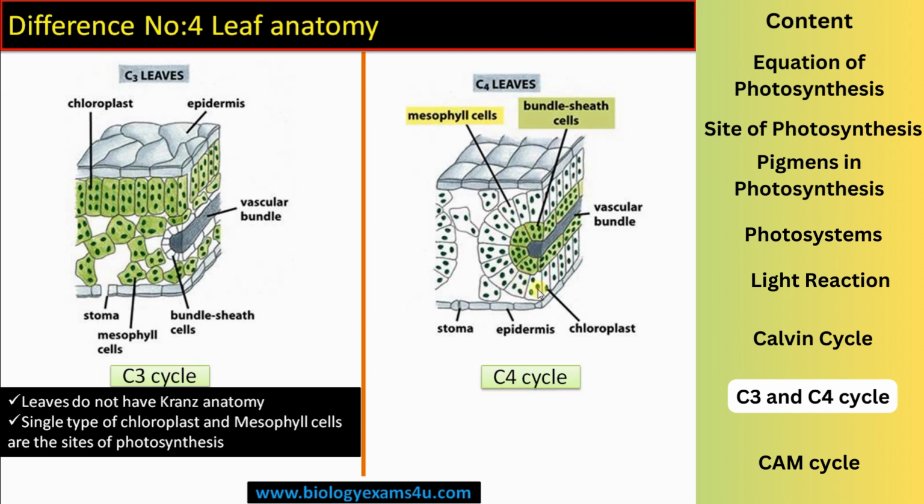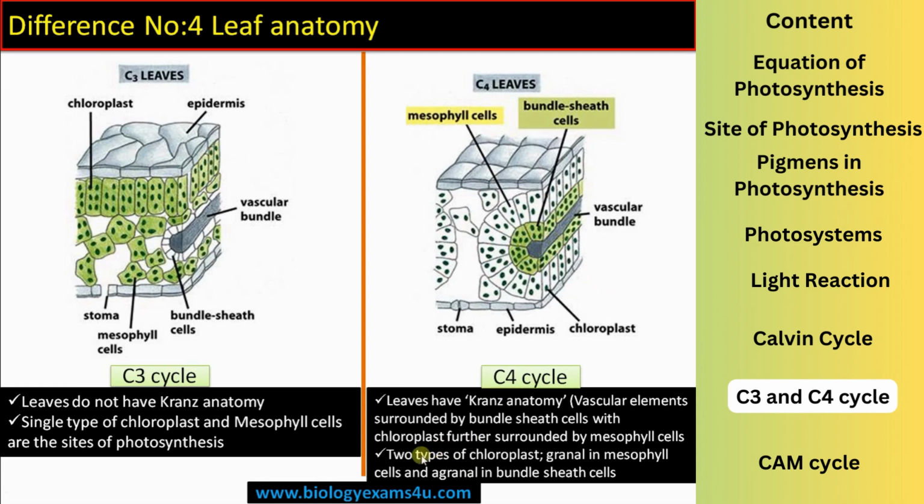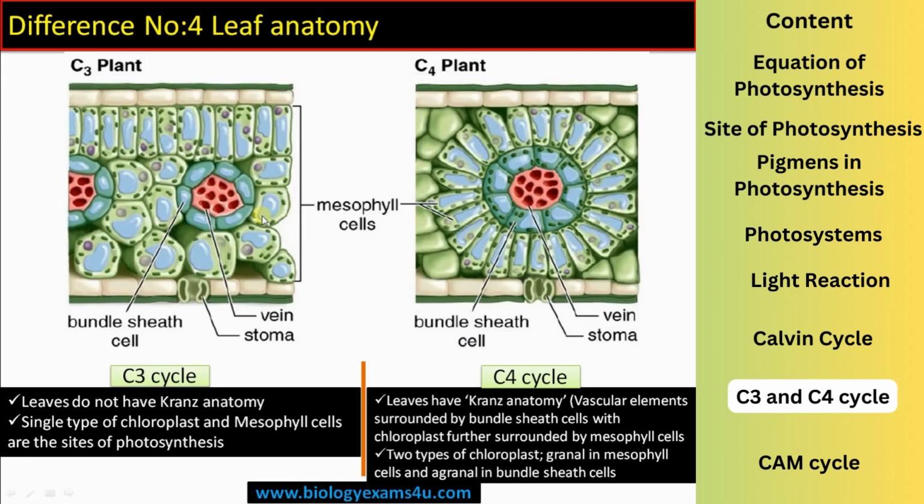Therefore, this site is rich in grana, having well developed grana, whereas bundle sheath cells are the site of the Calvin cycle or light independent reaction or dark reaction. Therefore, this chloroplast is agranal, or grana is poorly developed in bundle sheath cells. So there are two types of chloroplast: granal in mesophyll cells and agranal in bundle sheath cells. And this anatomy is called Kranz anatomy. This 2D picture will give you a better clarity.